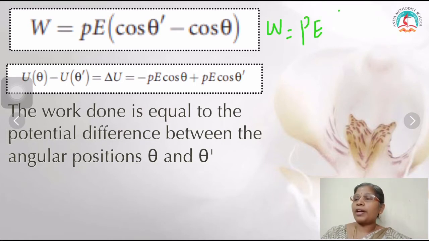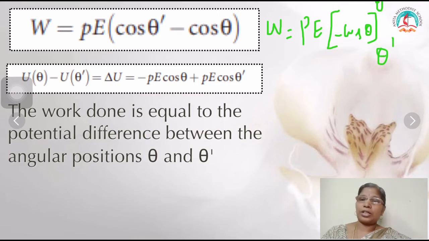Okay, so W is equal to PE, and when you integrate, the answer is minus cos theta. What is the limit? Upper limit is theta, lower limit is theta dash. When substituting the limits, what will you do? Upper limit minus the lower limit. So the first one, PE with upper limit, minus cos theta.